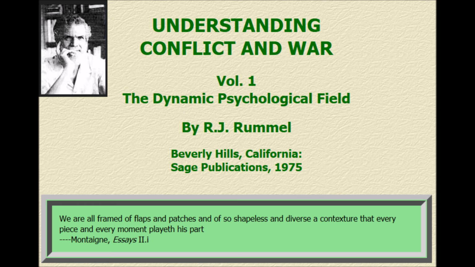Third, a person is located in his behavior space relative to objects and possible behaviors as perceived by him. These objects and behaviors will have positive or negative valences, depending on the values they exemplify in the belief value matrix.